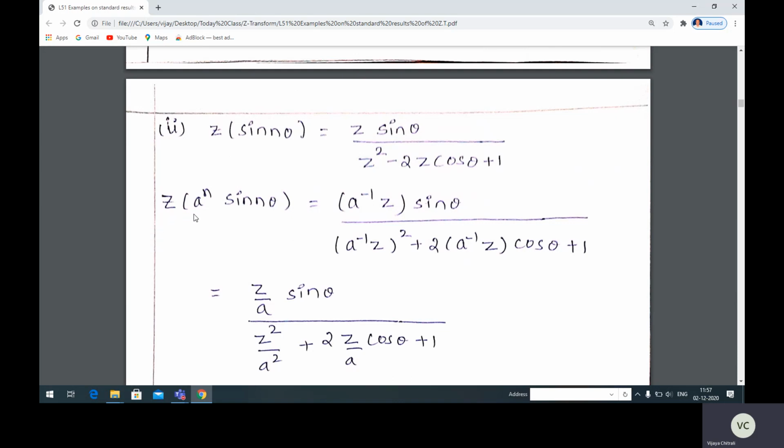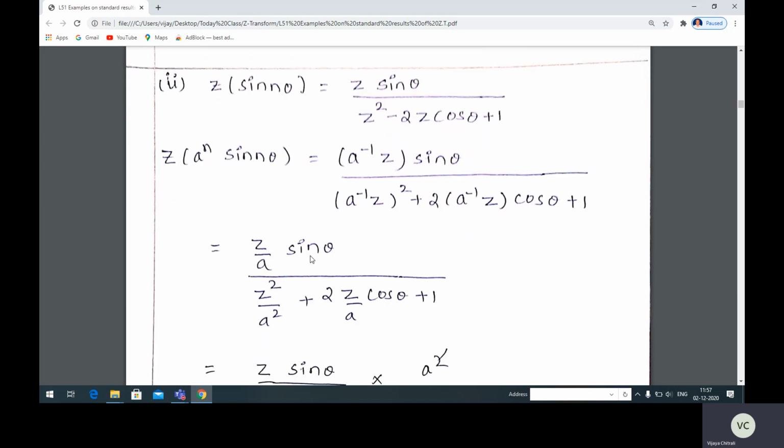We want the transform of a^n sin n theta. So in place of Z, substitute Z by a, which gives Z by a or a inverse Z. So we get (Z by a) sin theta divided by (Z square by a square minus 2 Z by a cos theta plus 1). Now take LCM and simplify the denominator.